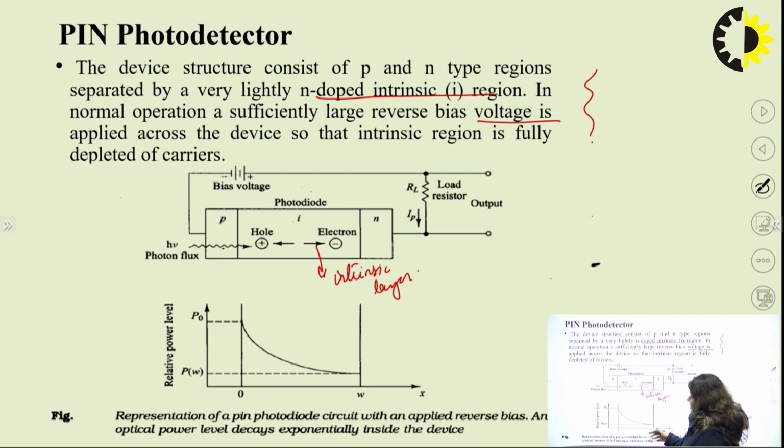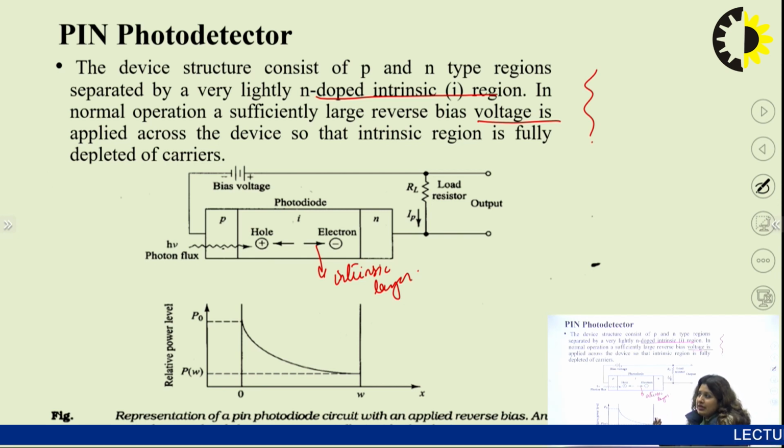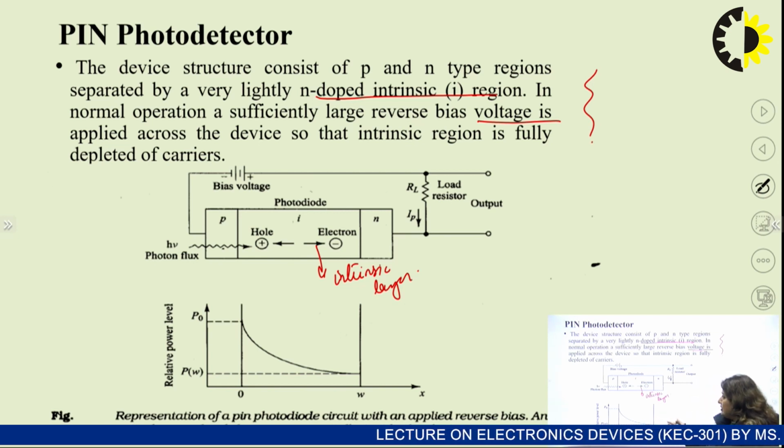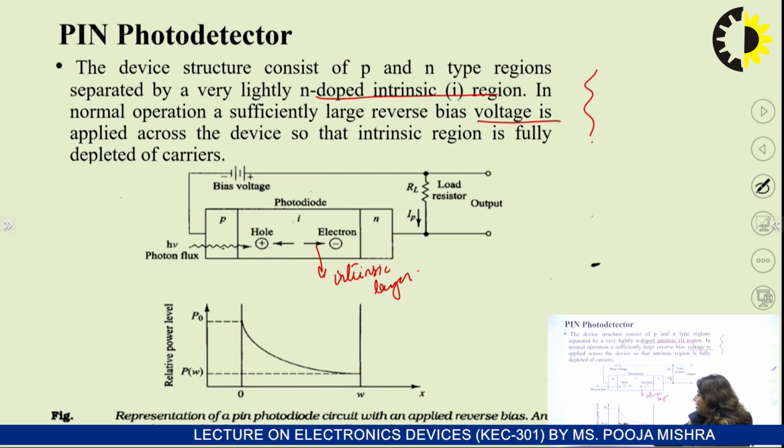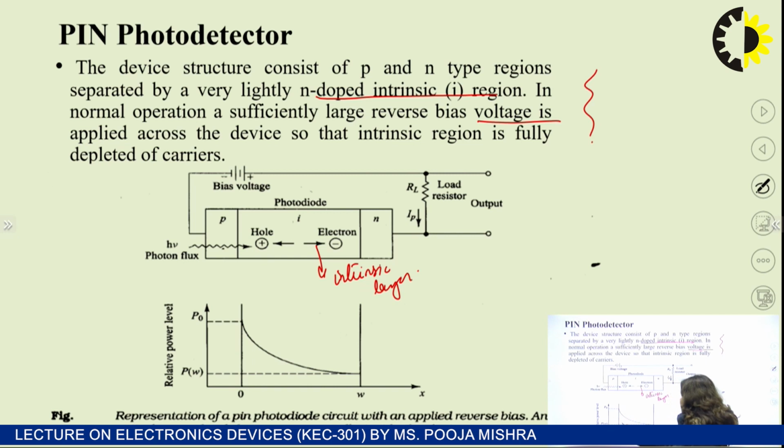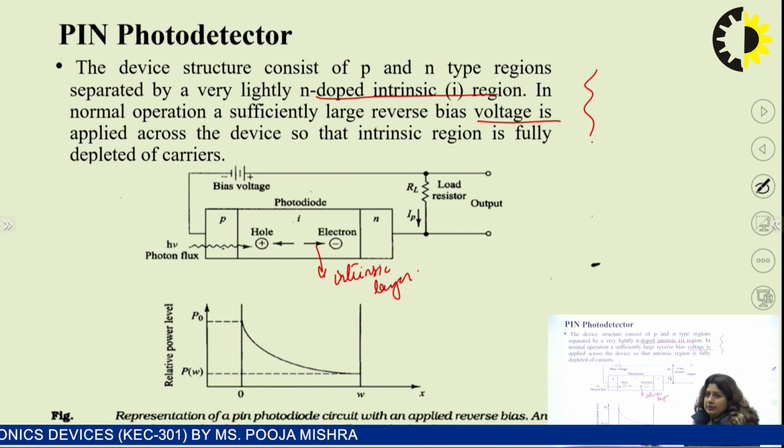In the next figure we have shown the representation of the PIN photodiode circuit with an applied reverse bias. As we apply the reverse bias, there will be a change in the optical power. Obviously the optical power is high initially, but it decays slowly. Initially the power is P naught, and after a particular depletion width W, the power drops down.